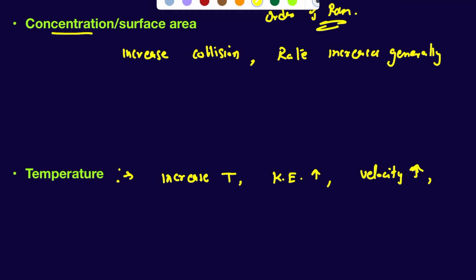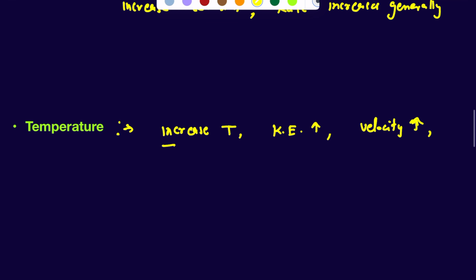Now, not only that, the temperature increase also gives enough energy to overcome the activation energy. So it's not really helping one way, but the temperature typically helps two ways.